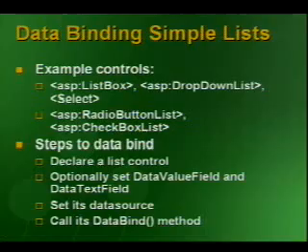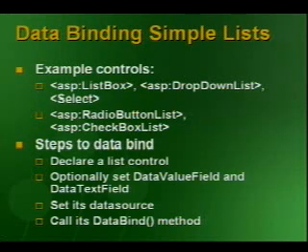Optionally, set a couple of properties. These map to the text that's displayed in the list and the value that gets bound into the list, the value that's returned when you make a selection in the list. Then you set the data source property of the list and call data bind on it. Let's go ahead and try this with a few examples, and hopefully you'll get the sense of what's going on here.